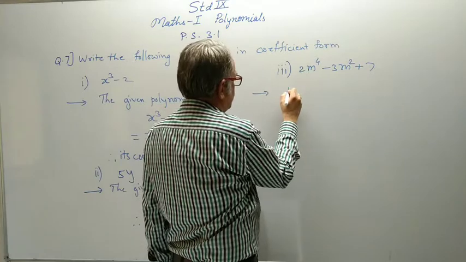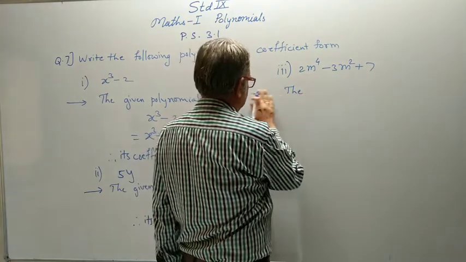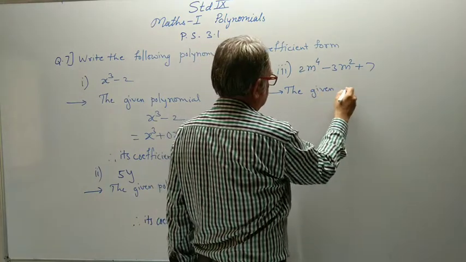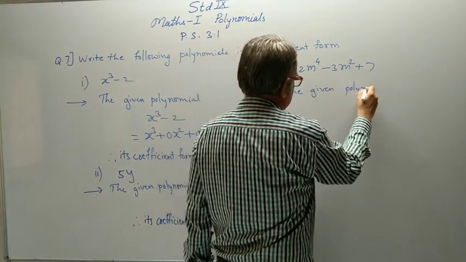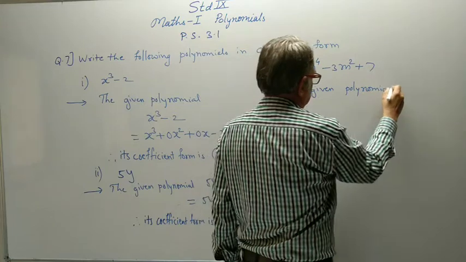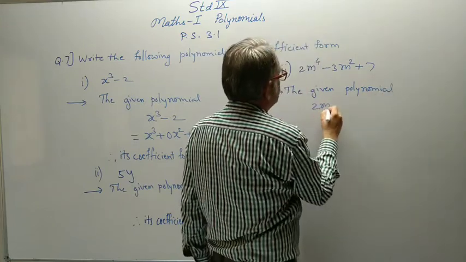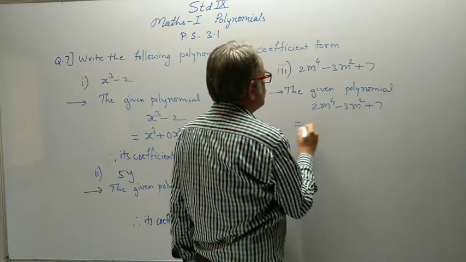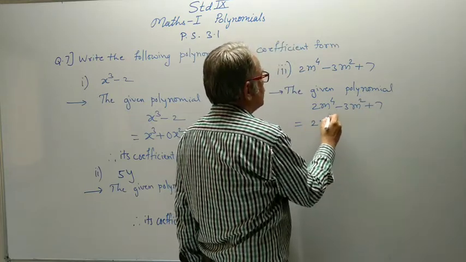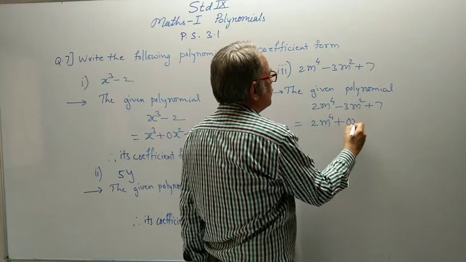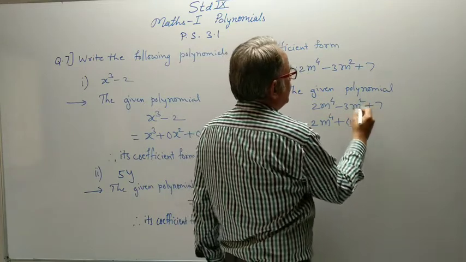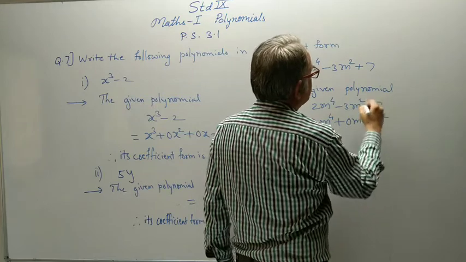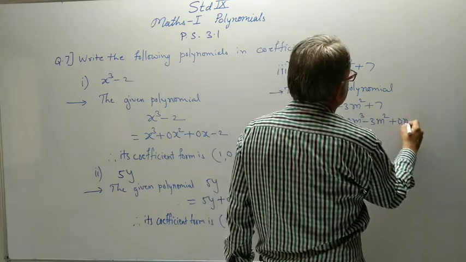The given polynomial, along with all terms, since m cube is absent, write 0 m cube, the m square term exists, so write it, the m term is absent, so write 0 m.